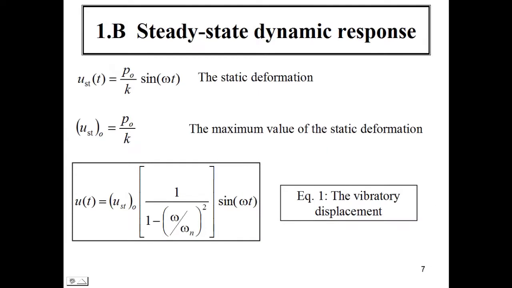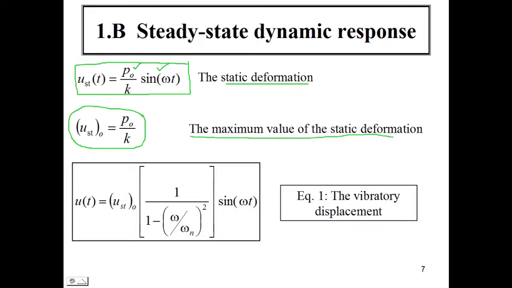Now let's investigate the steady-state dynamic response thoroughly. The static deformation u static of t is equal to P naught over k multiplied by sine omega t, where P naught over k is the maximum value of the static deformation and is denoted by u static naught.